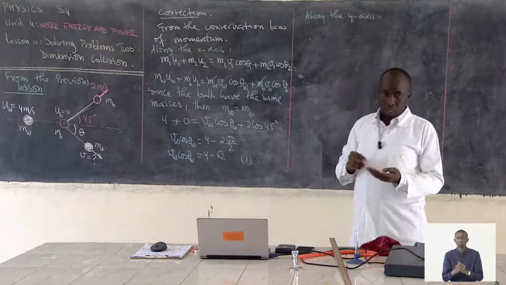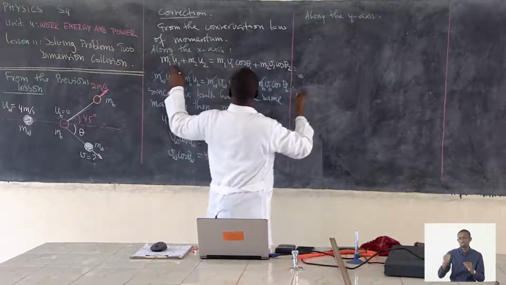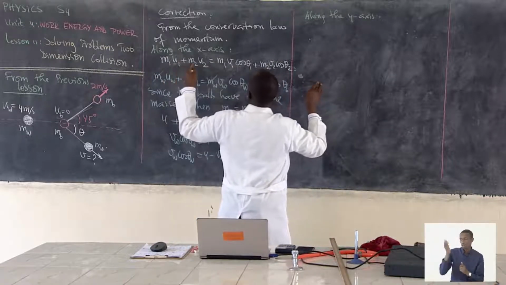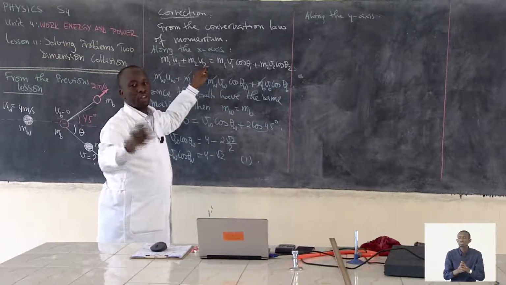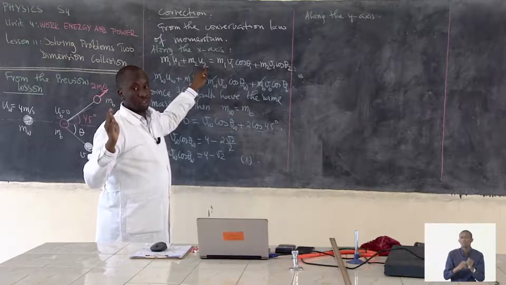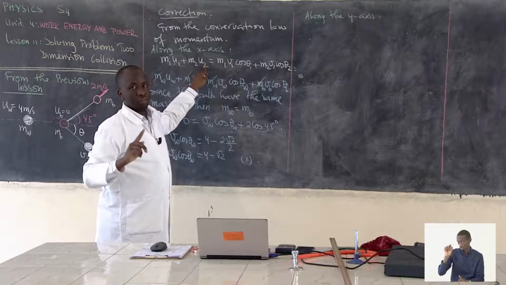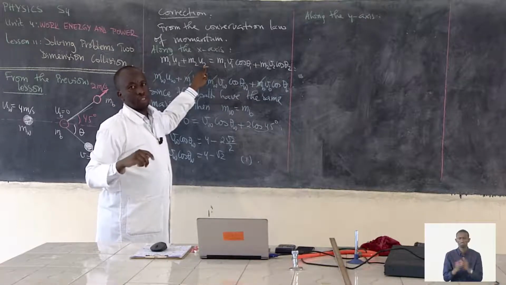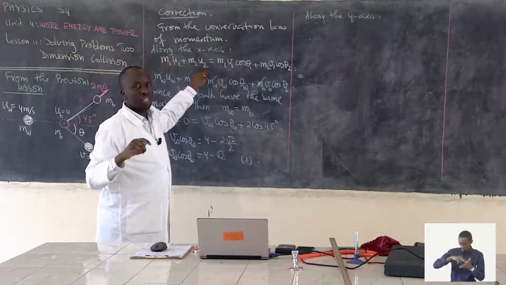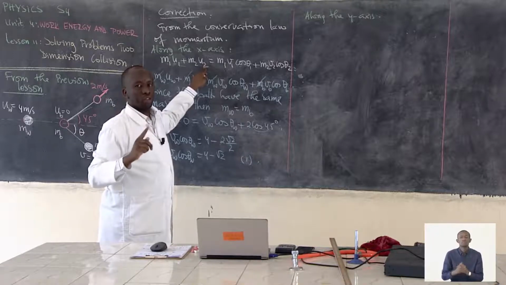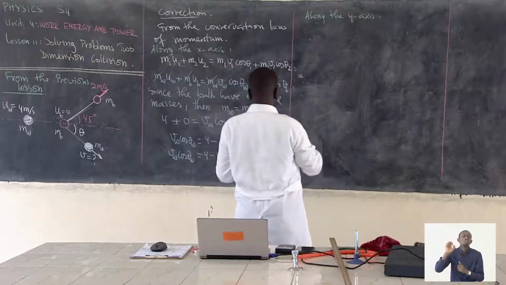What we are going to determine is, look, here we have M1 U1 plus M2 U2. This means that we have the velocities along the x-axis before collision. But along the y-axis, we don't have this velocity. To say that we don't have this velocity means the velocity before collision is 0, and then the momentum before collision is also 0.